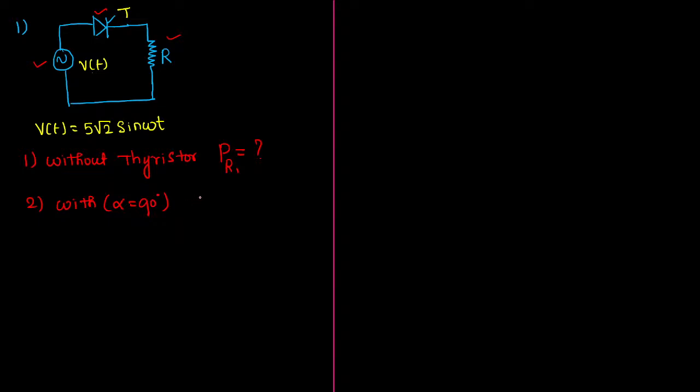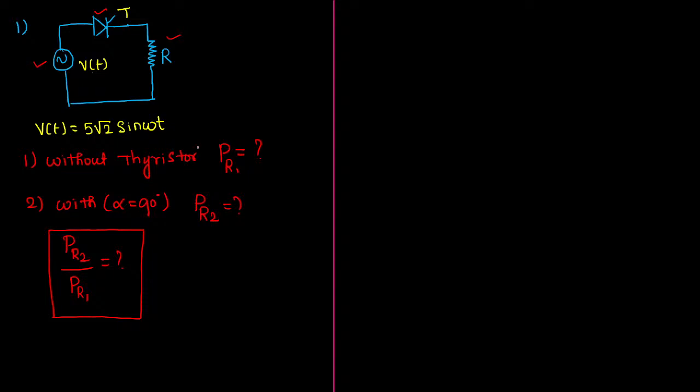Under this situation, what is the power consumed by the resistor? Now you can take the ratio. Actually, the question is to find the ratio between the power consumed by the resistor with the SCR and without SCR.